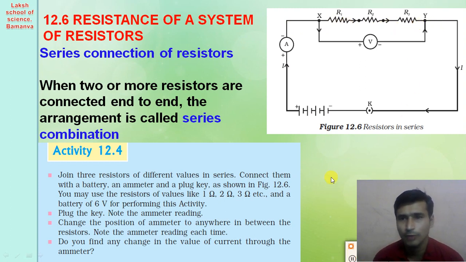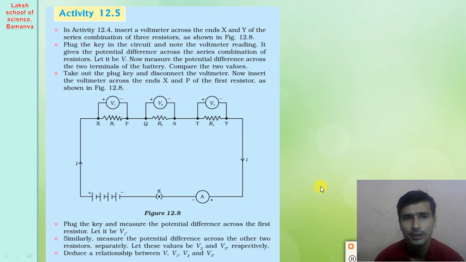Now what about the potential difference across each resistor? We will understand with the help of another activity. As in activity 12.4, insert a voltmeter across the ends X and Y at different places in the series combination of the three resistors.